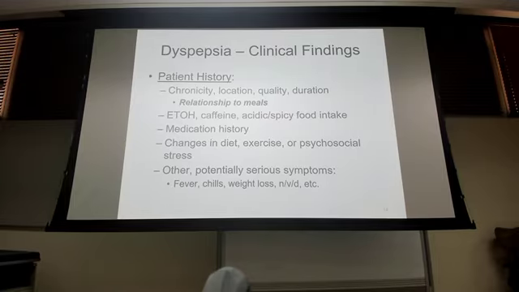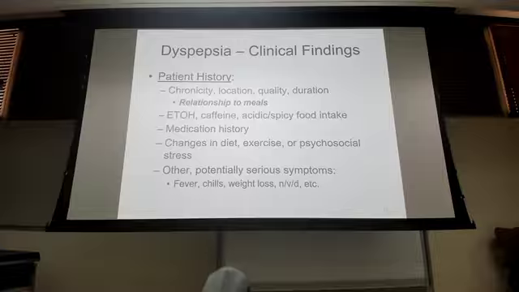So for clinical findings: chronicity, location, quality, duration. You want to know that. You want to know relation to meals. We just talked about the symptoms of dyspepsia, right? That early satiety and postprandial fullness. So you got to ask about meals and how their pain is related to the meals. Talk about what they're putting in their system that can cause it, right?